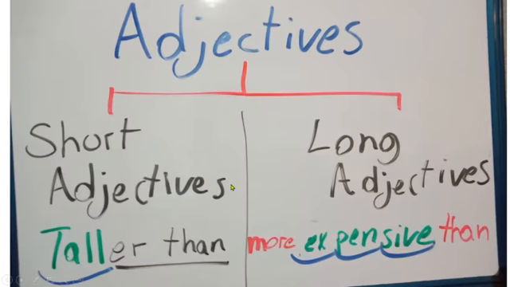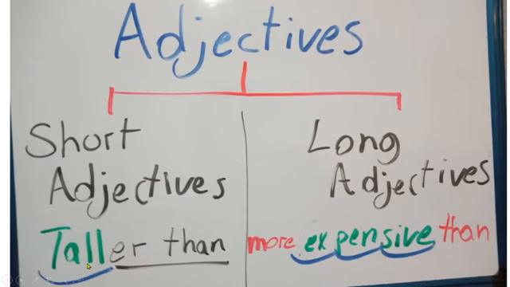Okay, now look at this small chart that explains what the different adjectives are. In English, we divide adjectives in two different ways: short adjectives and long adjectives.